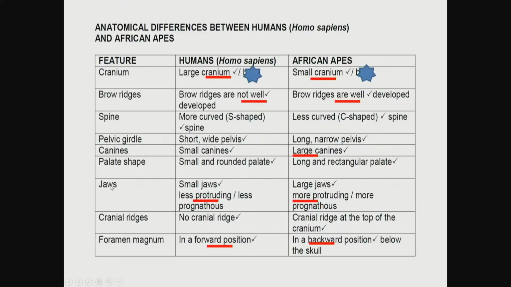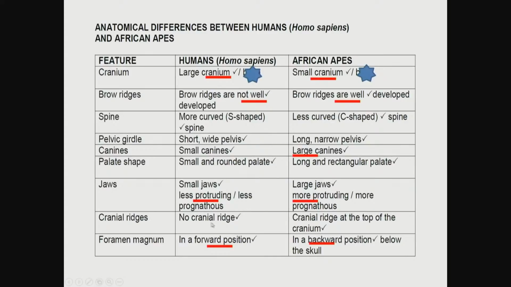Now the jaws. If you use small jaws and large jaws, you are not using less pronounced and more pronounced. Small jaws, large jaws, less pronounced, more pronounced. I'm going to show you a picture of that to explain the protruding and more protruding and less protruding, and prognathism.